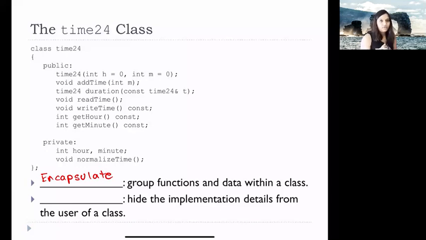The user is just concerned with how to take advantage of what is served by this package. This package is the class, and the user doesn't need to be bothered with the intricate details of how the class is formed.